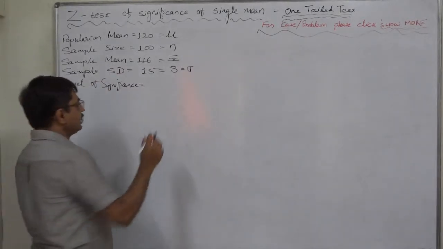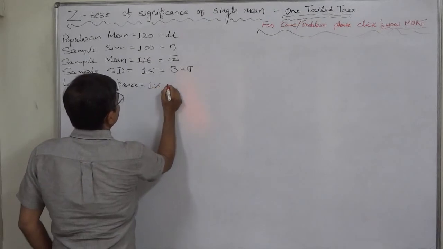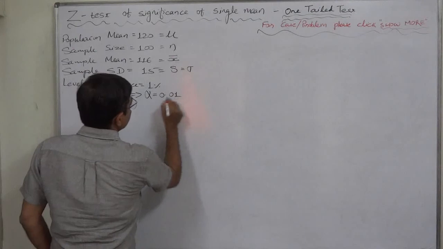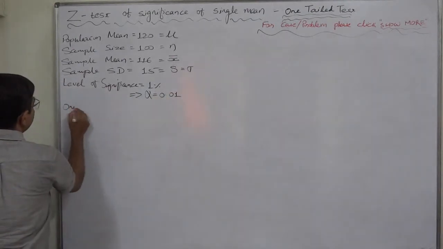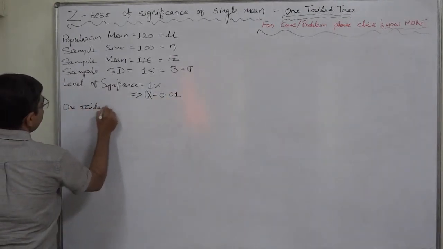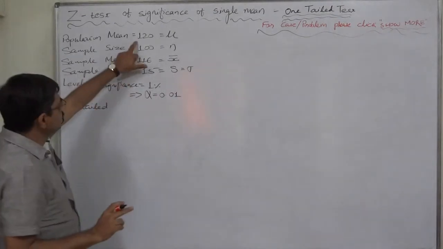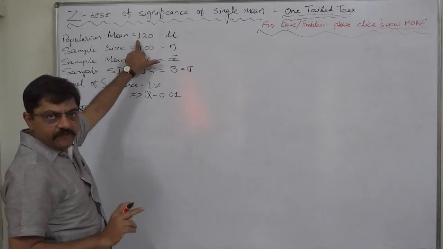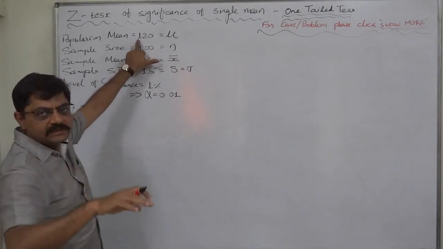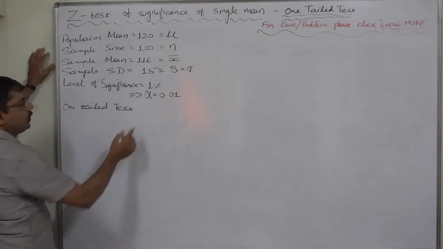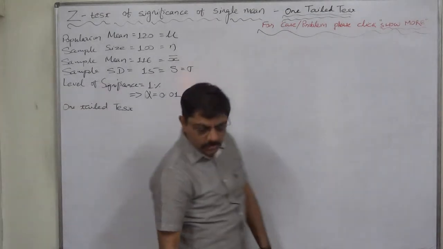That is the risk factor. Alpha is 0.01, but this is a case of a one-tailed test, because we reject her claim of an average of 120 words per minute only if her speed proves to be less than 120. So it is a one-tailed test, and therefore no need to divide the alpha by 2.